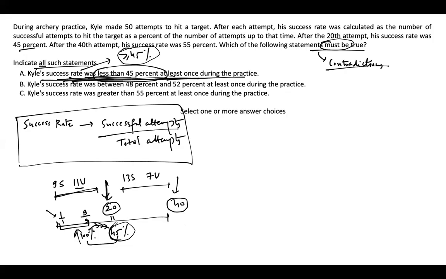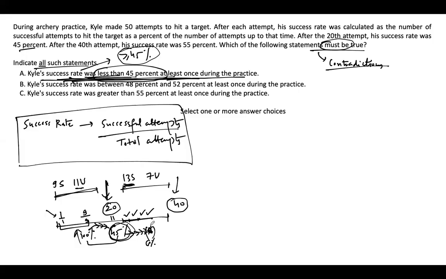Now the success rate is 45%. Now again give all successes. The next 13 attempts, I'm giving all success. So if I'm increasing the success rate, that means this value is going greater than 45% again. Let's say, for example, it has reached maybe 60%, 70%.